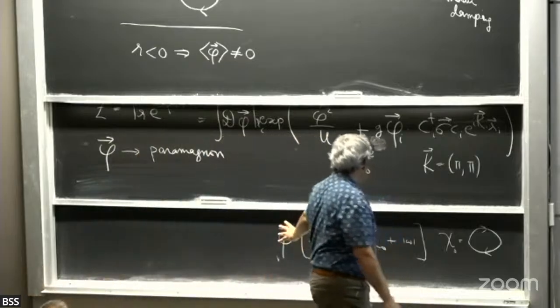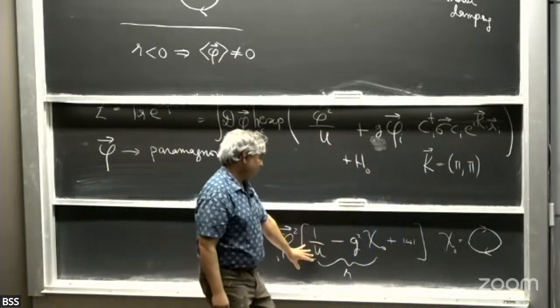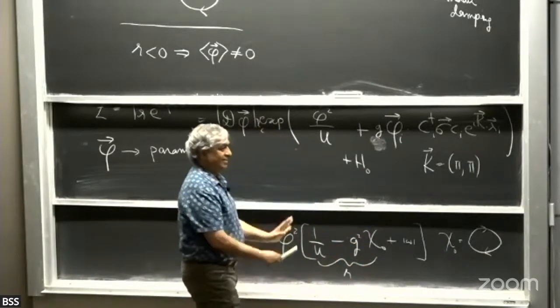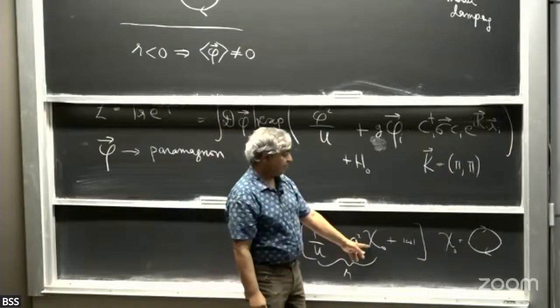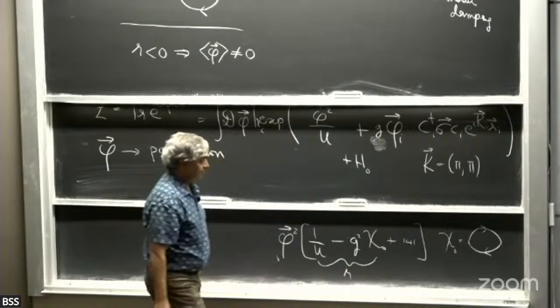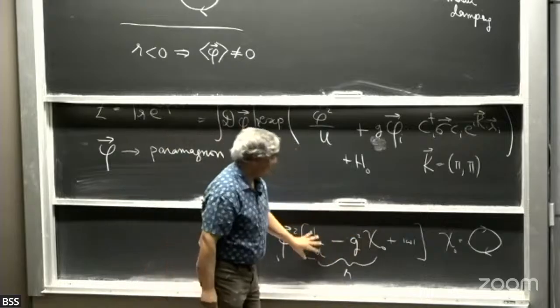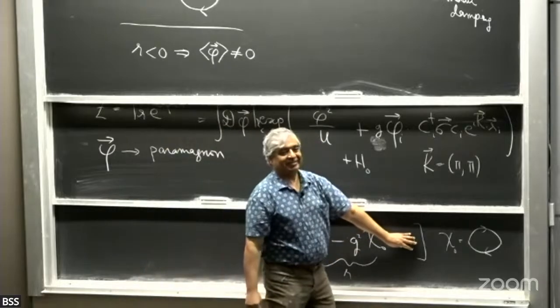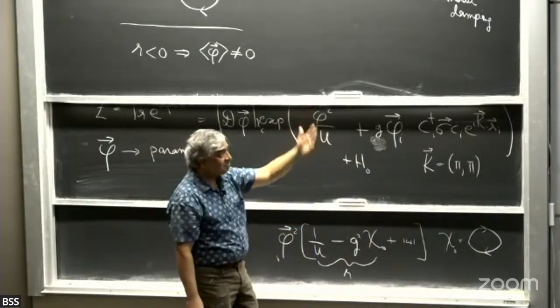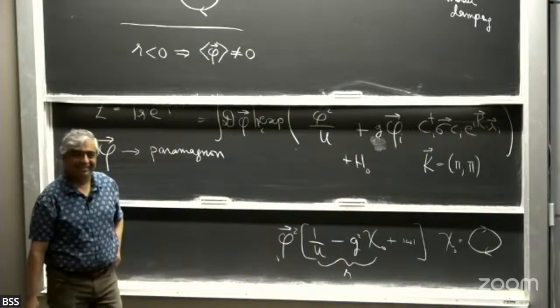The Stoner theory you've probably heard of: U times the density of states gives you ferromagnetism. This is exactly the same argument, except this zero is at momentum pi pi. So this part is the Stoner theory, this part is the Hertz theory, and then this, people did it.